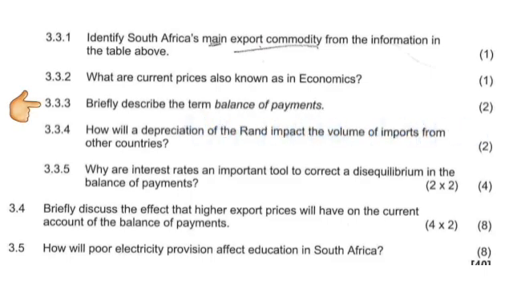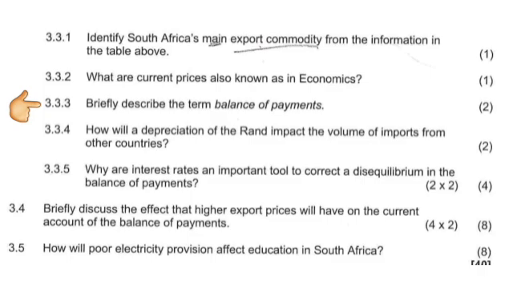And then in 3.3.3, it says briefly describe the term balance of payment. It is a concept we deal with in international trade. With international trade, we're talking about the foreign exchange market, meaning that goods and services are moving from country to country, meaning exports and imports. So there is an account that each country keeps of its transactions with other countries.